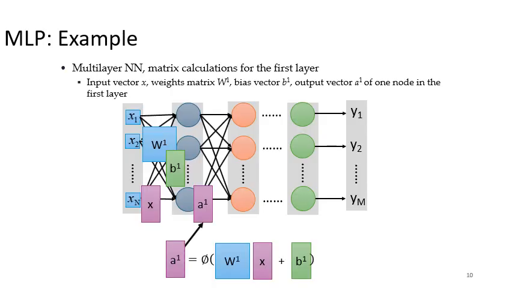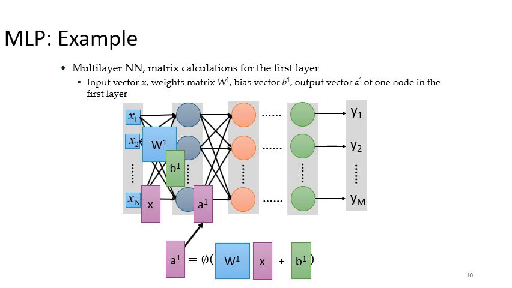Let's give an example of a multi-layer perceptron. In the first layer, we perform matrix calculation. The input vector x represents the initial data, so the initial input, and we have the weights matrix W1, which captures the importance of each input connection.